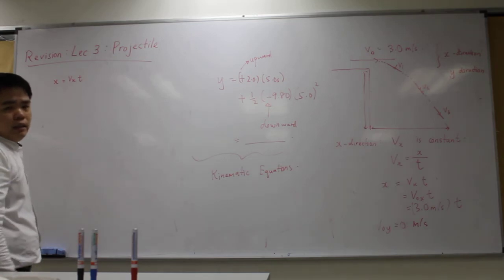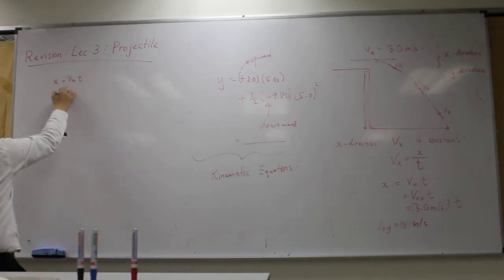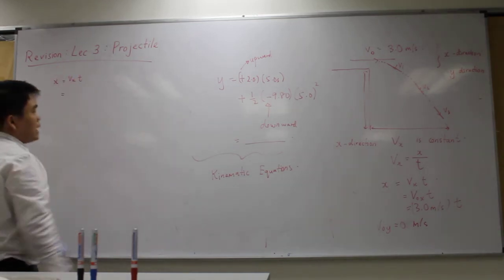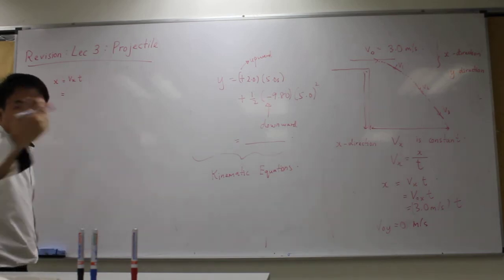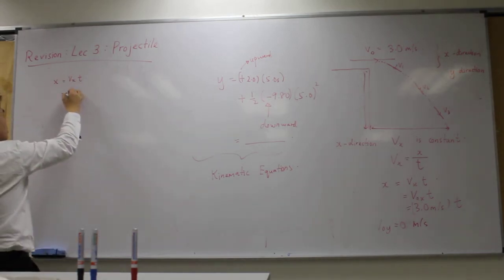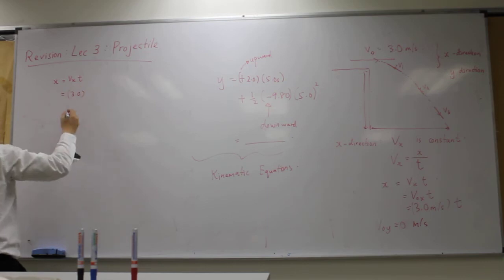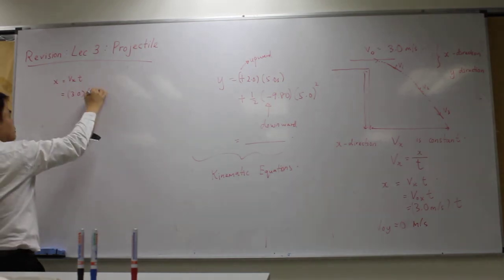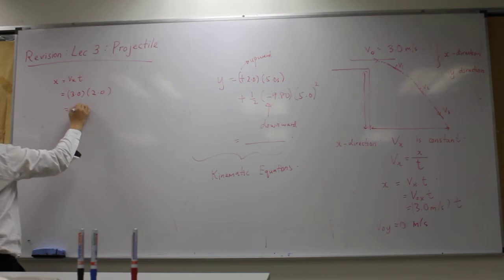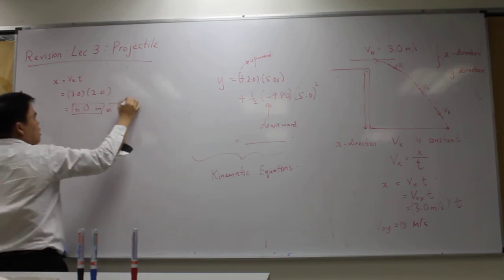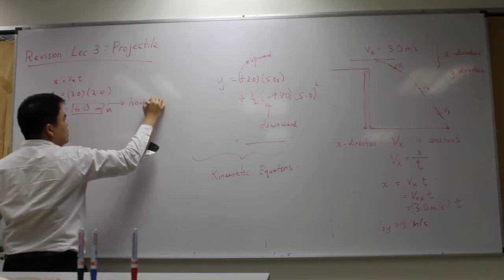It just depends on the time: 2 seconds, 3 seconds, 4 seconds, same thing. You just substitute 3.0. If I simply say the time is 2 seconds, it's 6 meters. This 6 meters indicates the horizontal displacement.